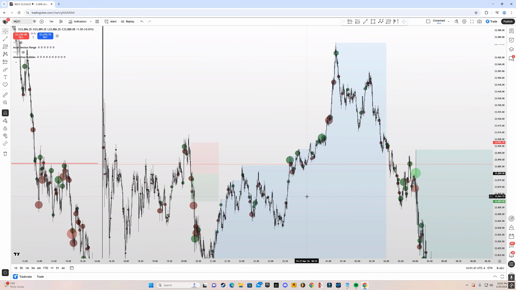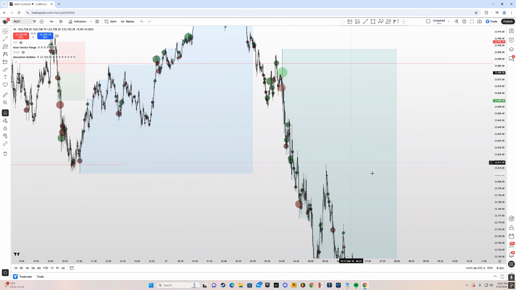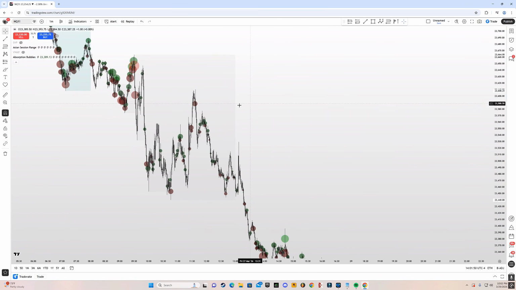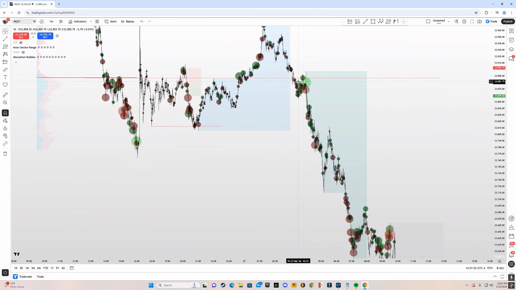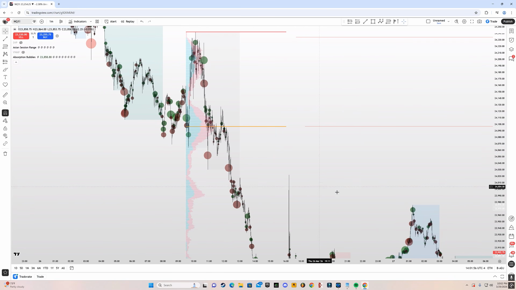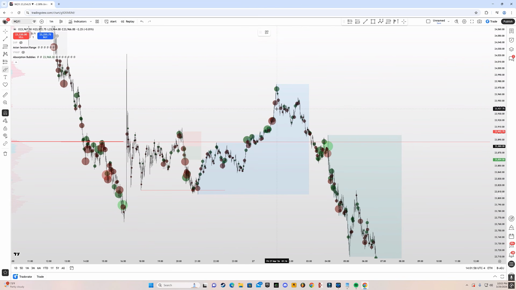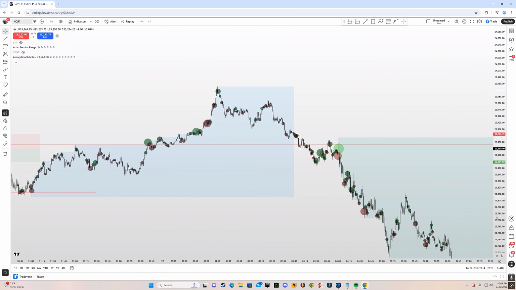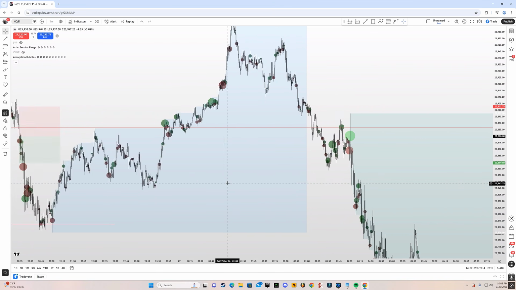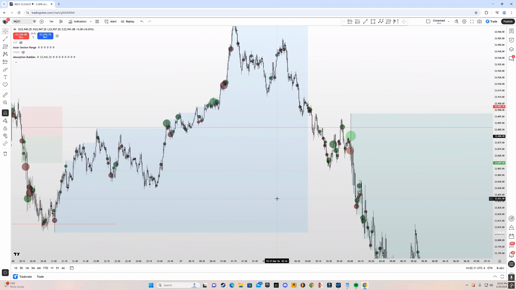Now, for the New York session, ideally you want to trade this setup during New York, because we are looking at the previous day's volume only for New York. But you can still trade during Asia and London as well. For example, this is a perfect setup. Look at the size of this bubble. Aggressive buyers at this level, at the retest of the previous day's value area low.